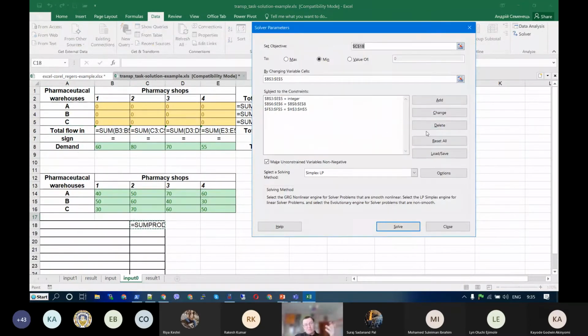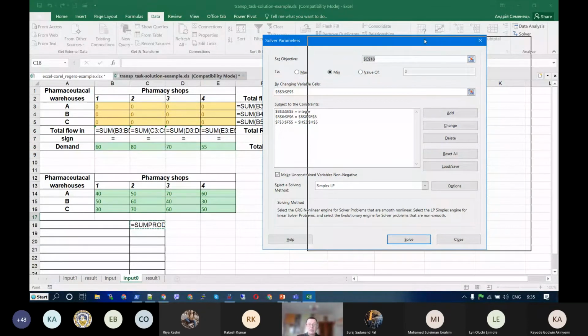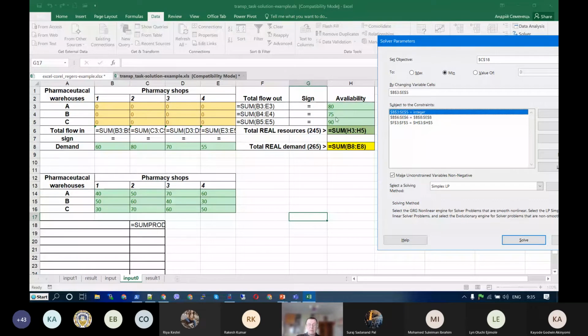In this case, I will not proceed; I will give this demonstration for an unbalanced problem. We just feed it with data, which gives us our objective function and our objective optimization, the minimum. Then the range we have to change, and our constraints, which I spoke about: flow out must be equal to availability, flow in must be equal to demand, and the results must be integers because we decided that only integer units must be delivered.